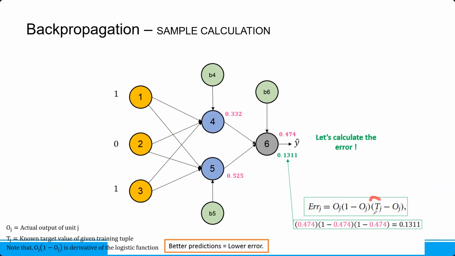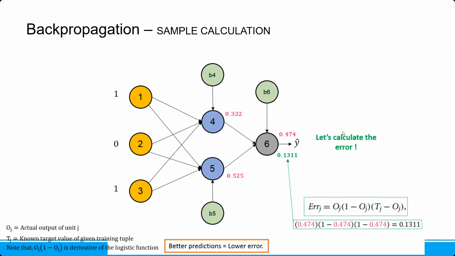Because it is 1, I would like to know how big is the difference between the class 1 and the output. So 1 minus 0.474. The result is this one. So the error is 0.1311.